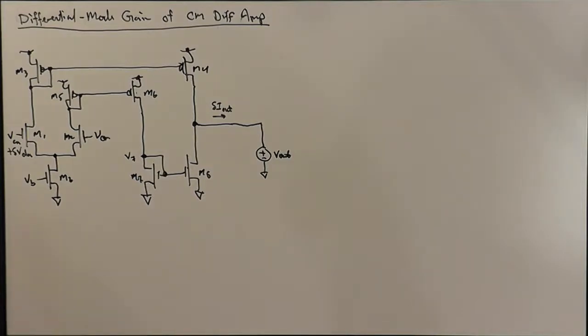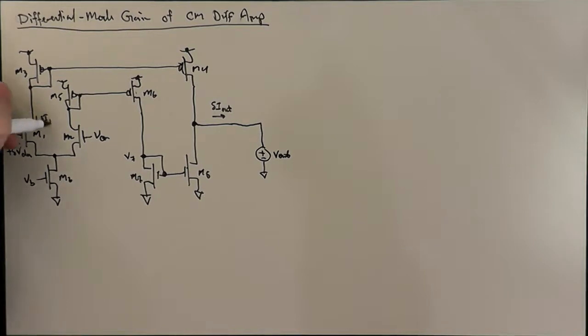So what we're going to do is apply our delta VDM, and that's going to create an increase in the current flowing through this transistor M1. We'll call it delta I1, and we have to figure out what happens to this delta I1 as it propagates its way through the circuit toward the output. Well, one thing that it's going to do is it's going to flow out of the M3, M4 current mirror.